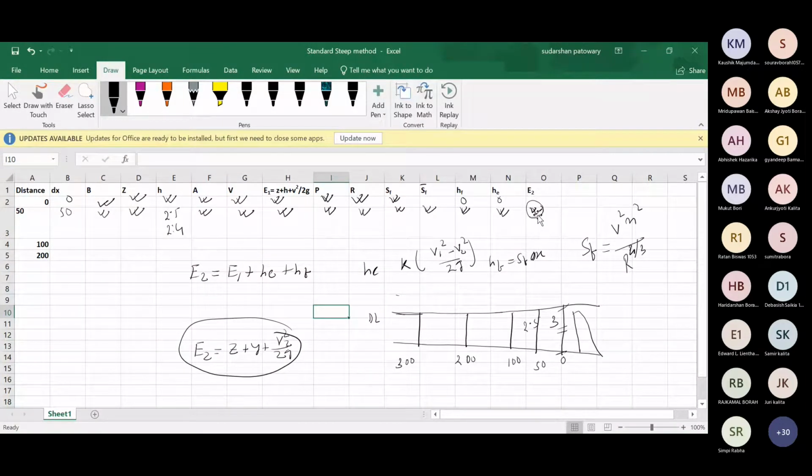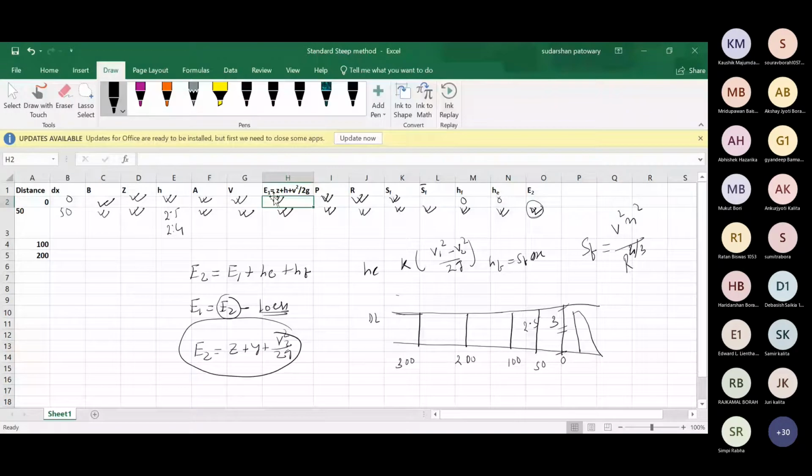Now, if you deduct E1, this is your E1, that means E1 is equal to E2 minus your loss. So if you deduct the loss from E2, whether you will get E1 or not, that you have to say. If you deduct Hf and Hc from this E2, whether you are getting E1 or not, that you have to say. Is it clear now?